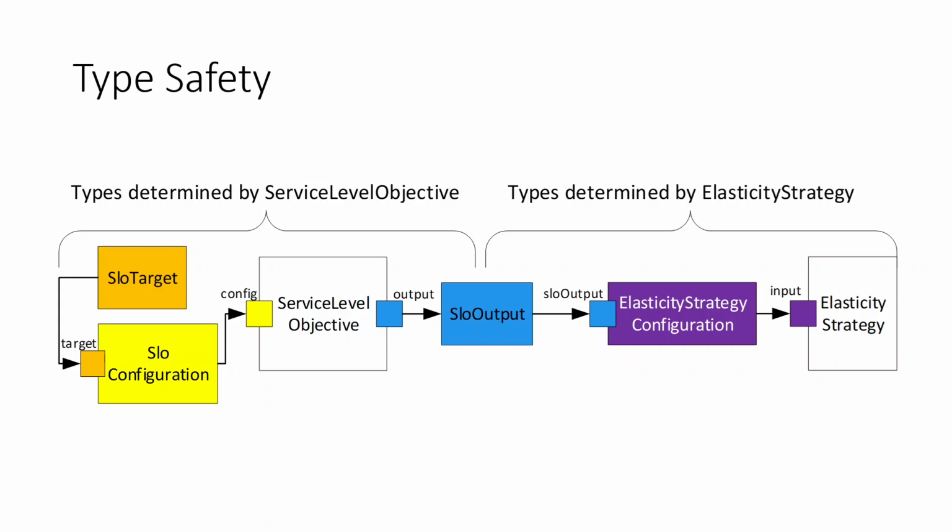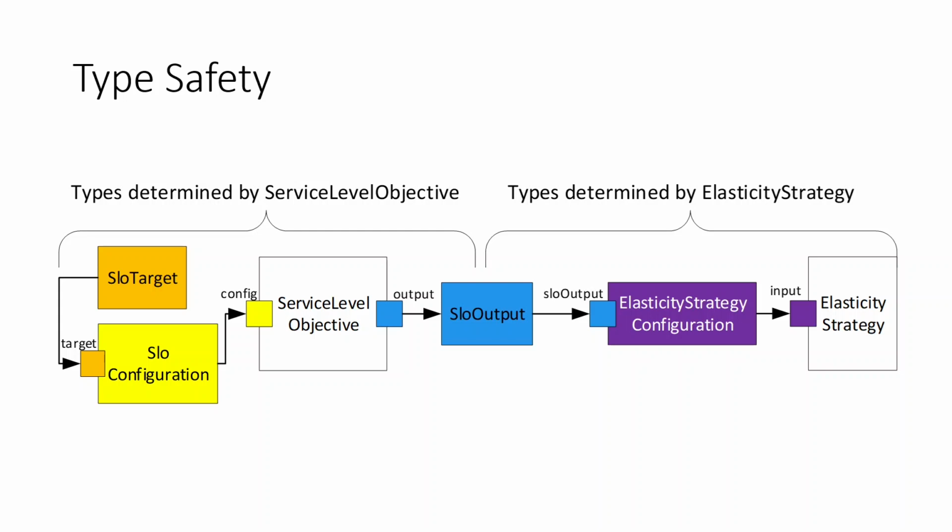Okay, I previously mentioned that one of the features of SLO script is type safety. So by that we mean that, for example, if you have an SLO which is specifically tailored for REST services, so it could determine the cost efficiency of a REST service, then our type safety feature ensures that you cannot inadvertently apply this SLO to, for example, a SQL database which doesn't even offer a REST interface.